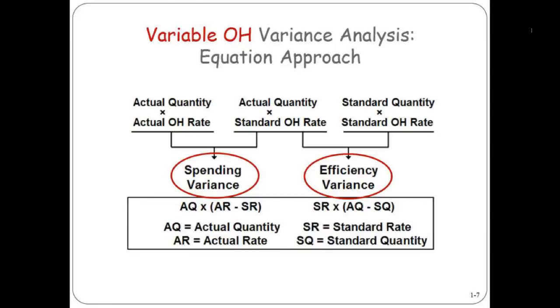So for variable overhead, it's pretty much what we've seen before. It has a spending and an efficiency variance, and you flex it in between by keeping your actual quantity of whatever your basis was, direct labor hours, let's say, and your standard rate.